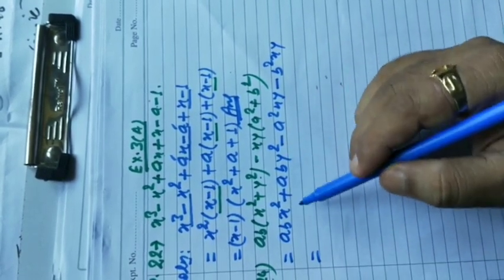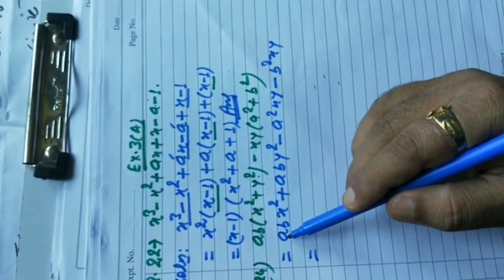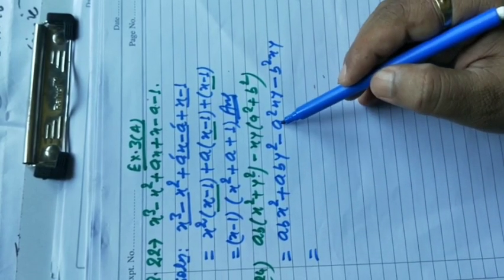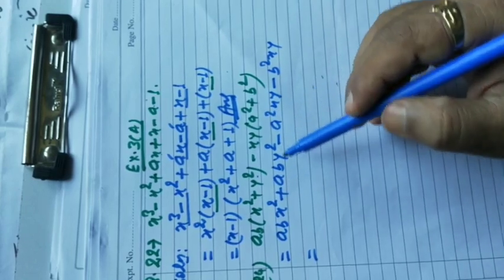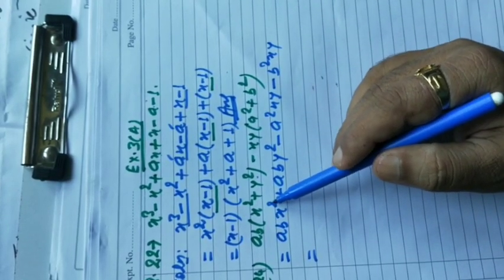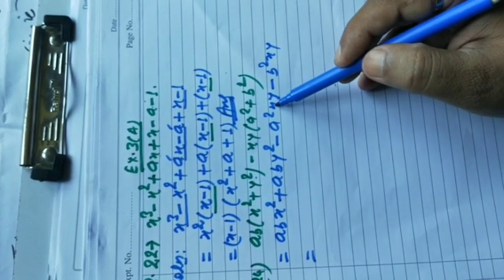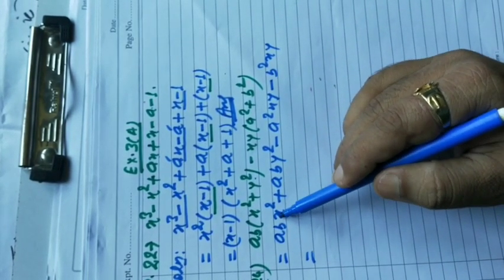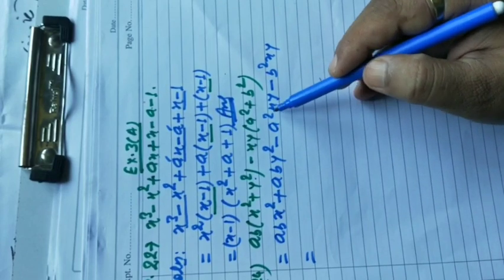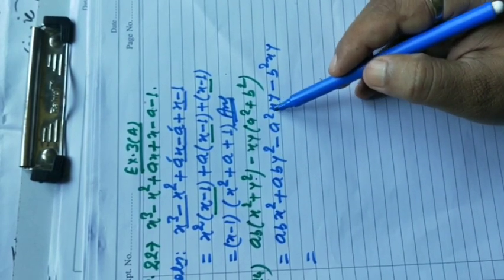Now you have to rearrange the terms here. You can see a is in the first term, a square is in the second term, and a is in the third term, and x square is in the first term and x is in the third term. So a and x are there in the first term, and a and x are also there in the third term.